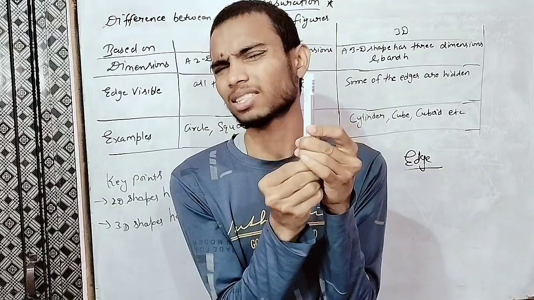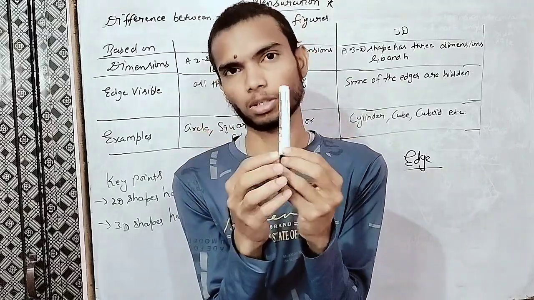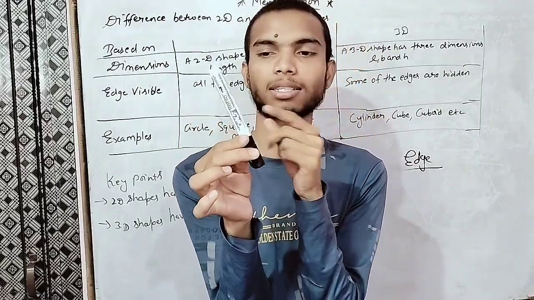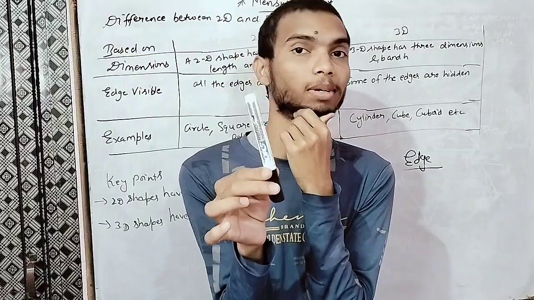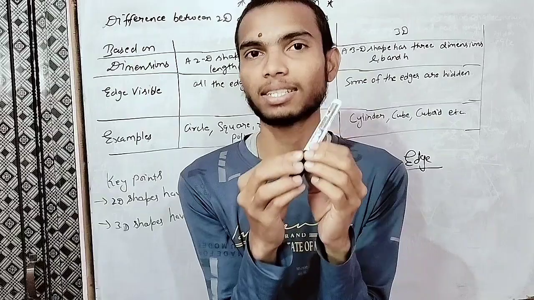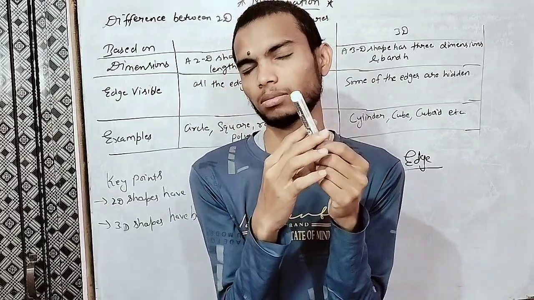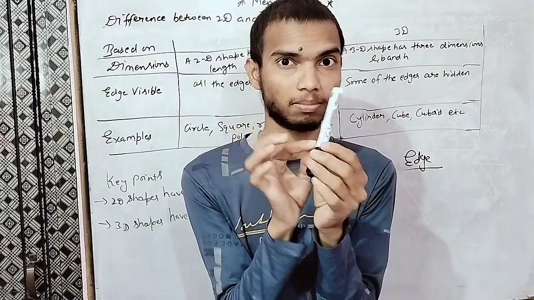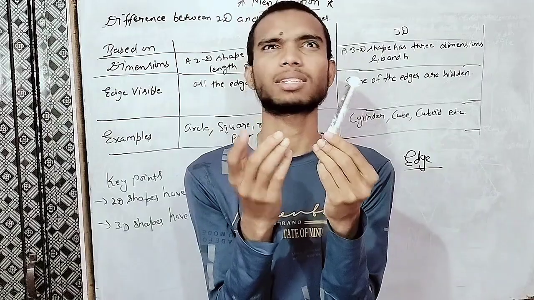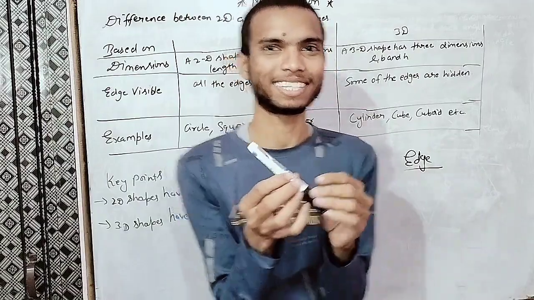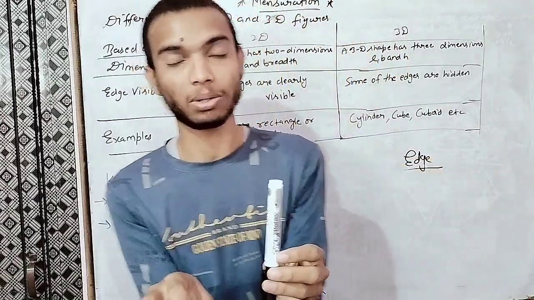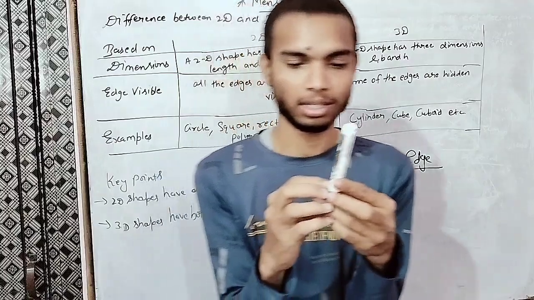This is an object, a marker. So where is the edge in this marker? And this is a shape, the shape of a cylinder. But in detail we will explain that in the context of a cylinder.